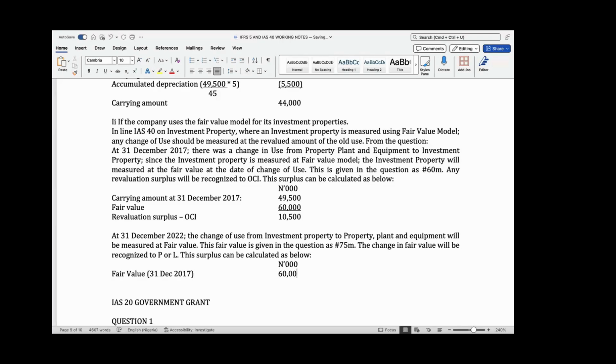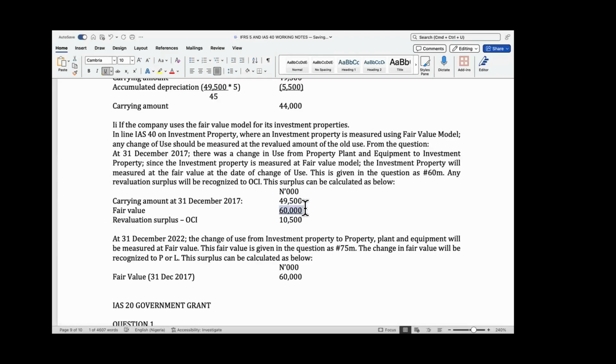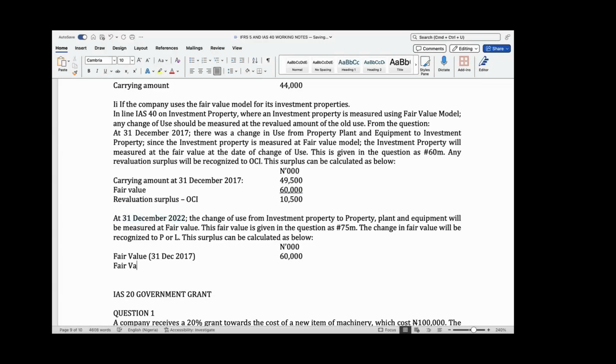When we changed from PPE to investment property in 2017 and fair valued it to 60 million, you won't depreciate. It will remain 60 million till December 2022. So they now fair valued it again at 31st December 2022. They fair valued it to 75 million.